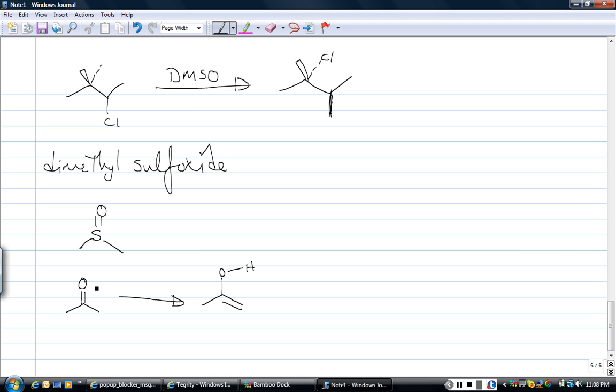So that is a rearrangement, but that involves a shift of protons. I haven't changed my carbon skeleton at all. In the bad old days they were called Wagner-Meerwein shifts, and this is basically a hydrogen or proton rearrangement.